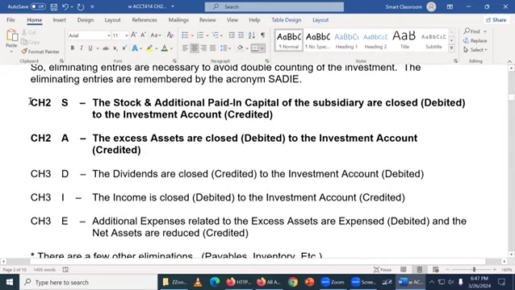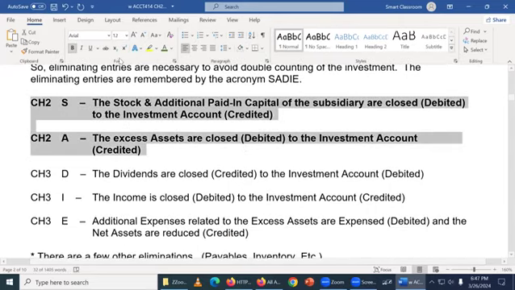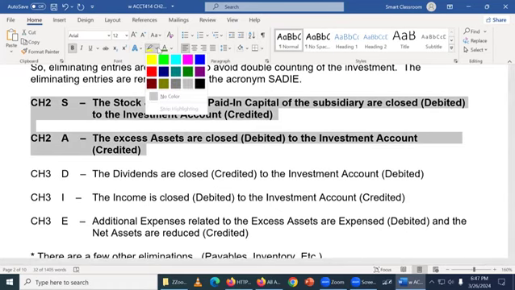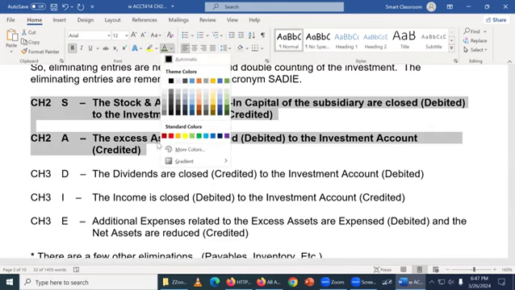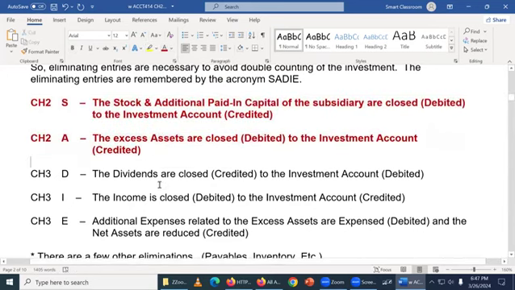So in this chapter, these are the two we're going to cover. Let's try something different. We're going to do eliminating entries for S, which stands for stock, and A, which stands for assets.